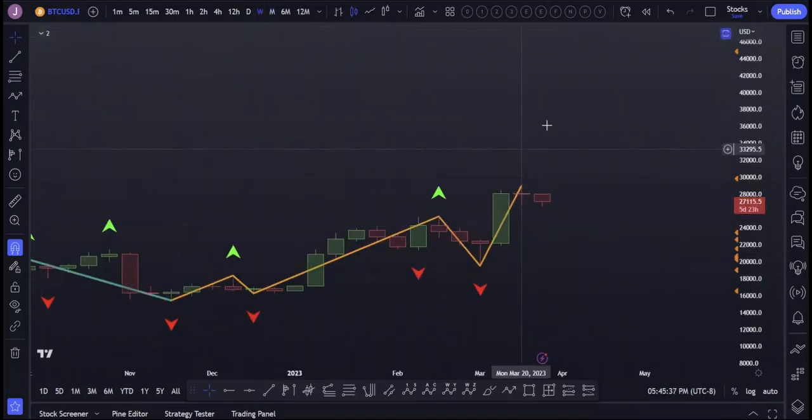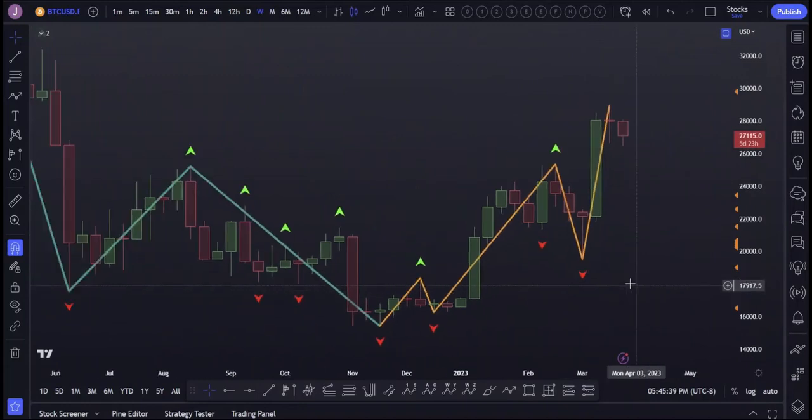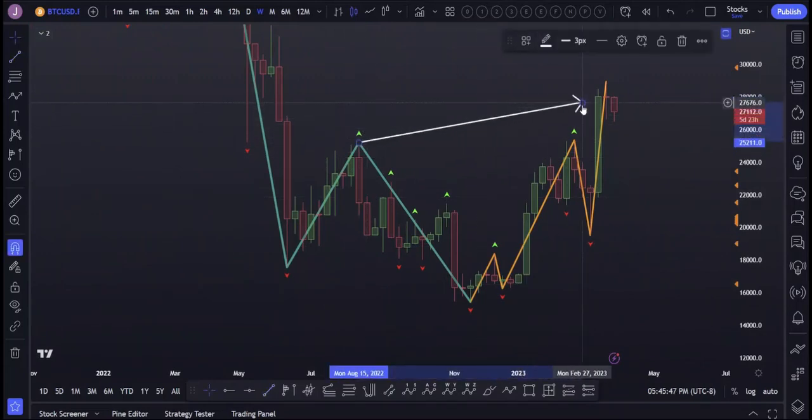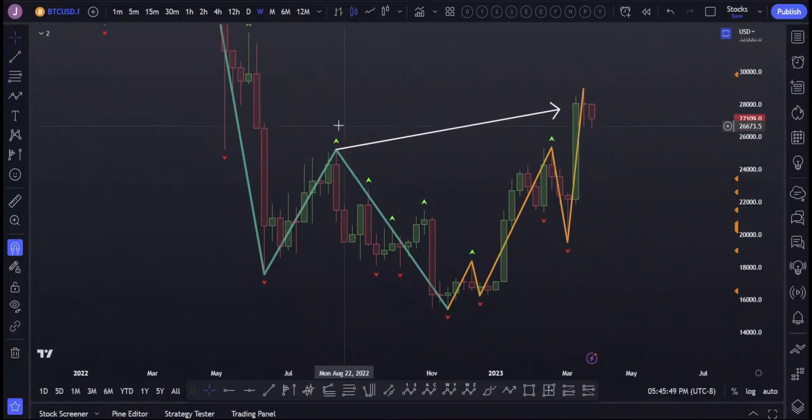So again, we zoom down, we see that the weekly time frame has confirmed a change in market structure. This was the lower high on the monthly. Here is the high that takes out, and also a lower high on the weekly, right? But this is the high right here that takes it out. So change in market structure.